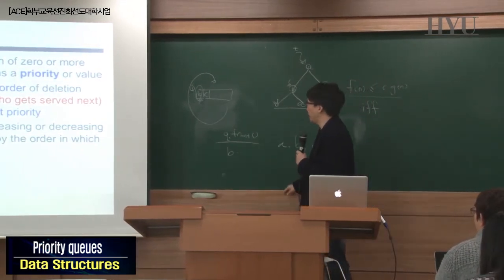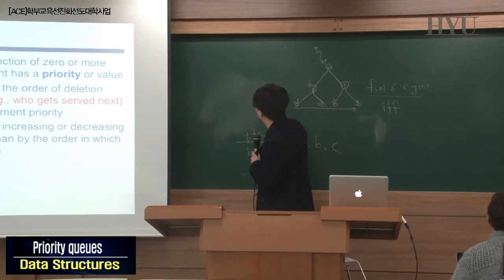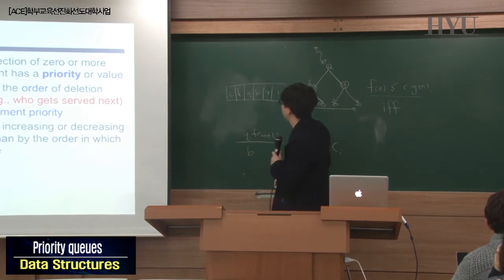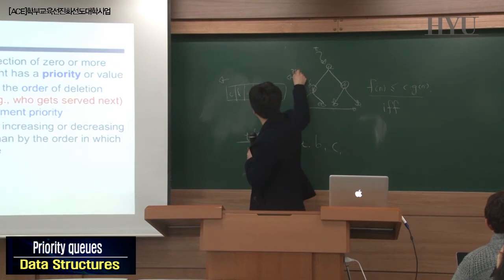So in this way, I may give another value. This is my queue again: C, F, G, H, Z, I. This is the front, end.